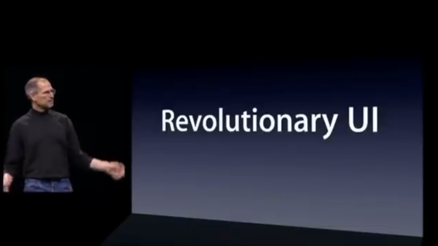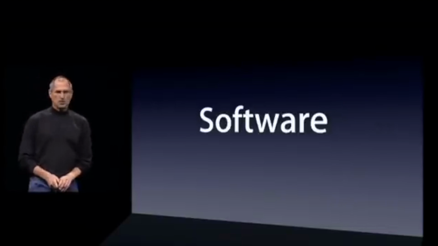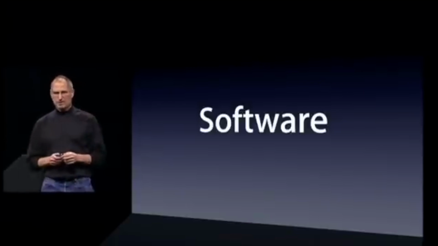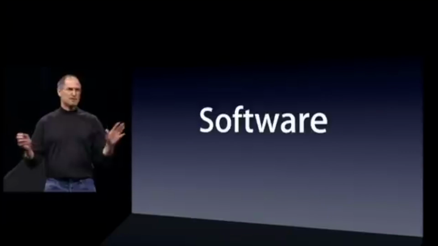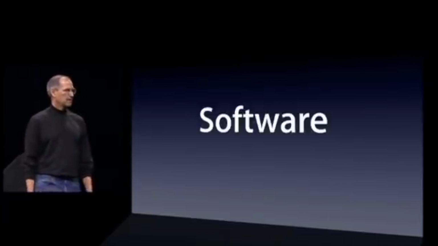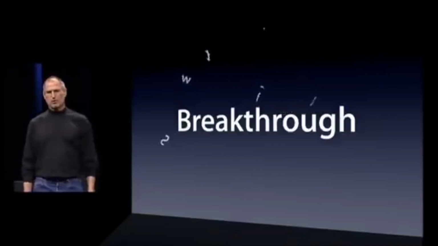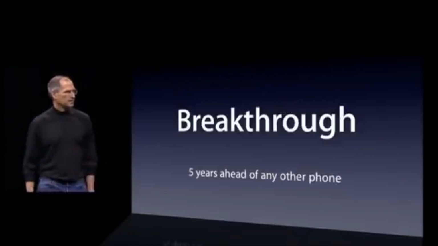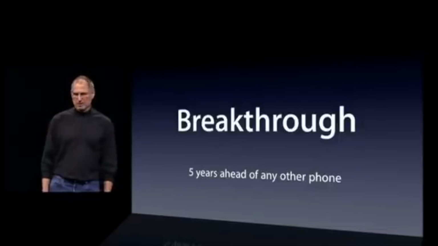So, a revolutionary user interface. We're going to build on top of that with software. Now, software on mobile phones is like baby software. It's not so powerful. And today, we're going to show you a software breakthrough. Software that's at least 5 years ahead of what's on any other phone. Now, how do we do this?